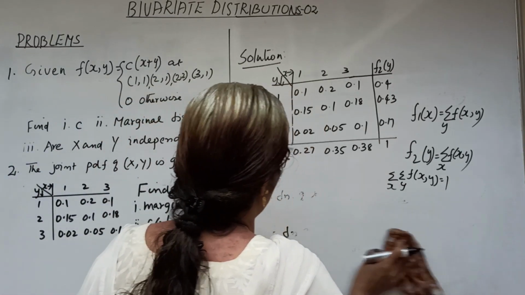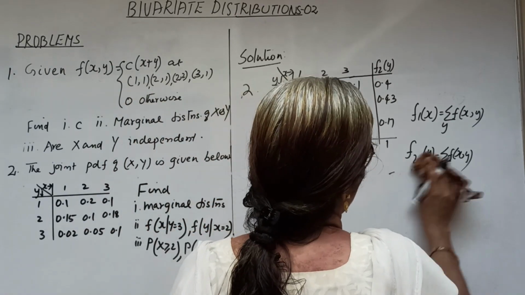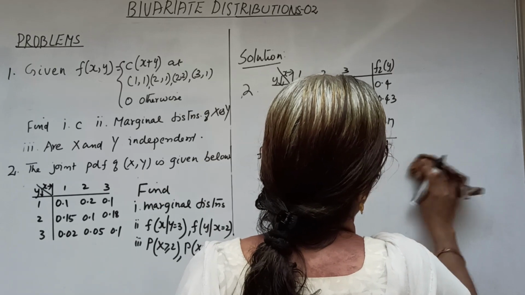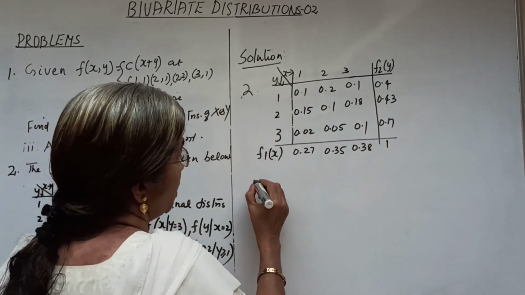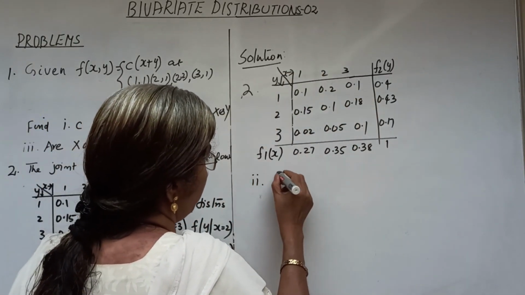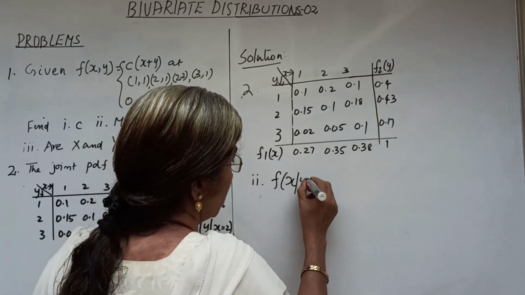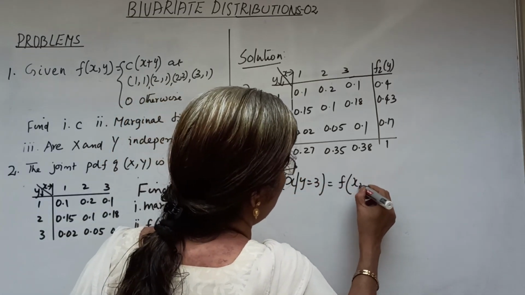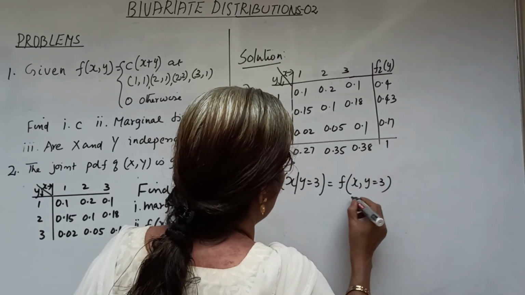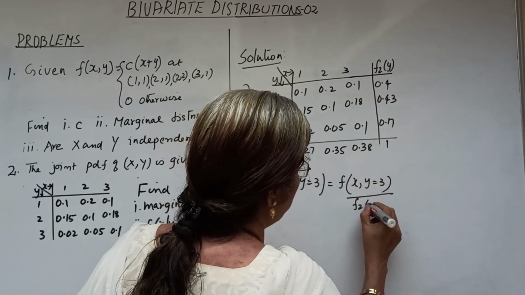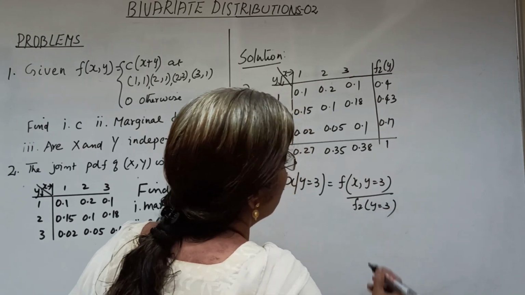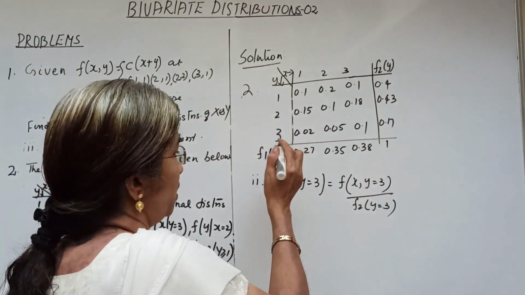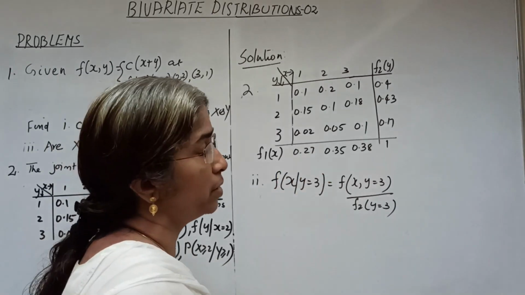Now the second part is, we have to obtain f(x given y equal to 3). It can be obtained by f(x, y equal to 3) divided by f2(y equal to 3). That is, we fix y equal to 3. Y equal to 3 is the third row.